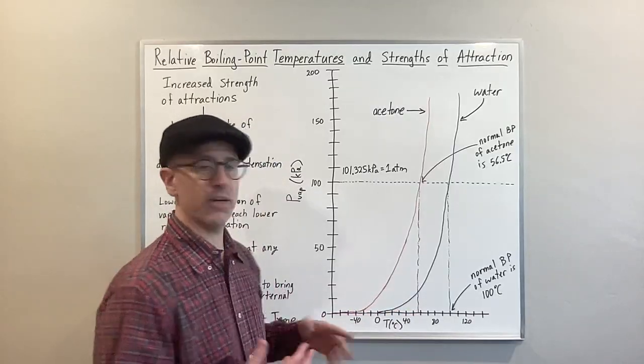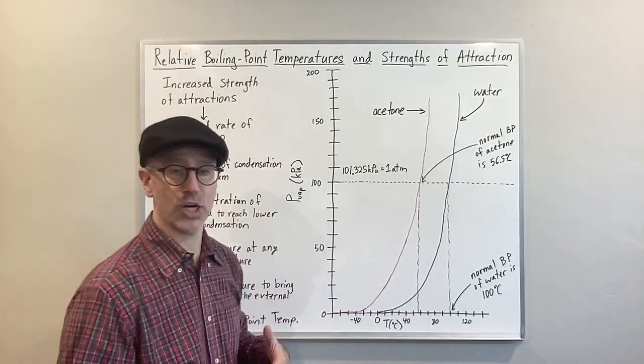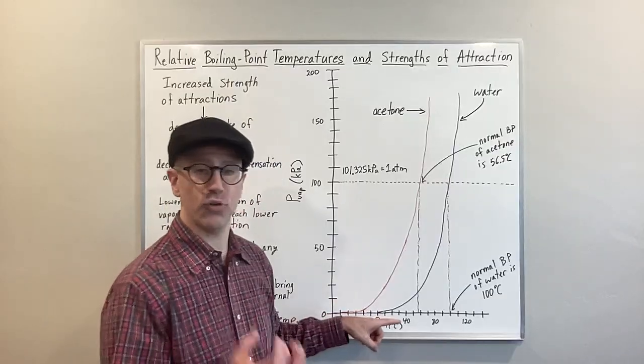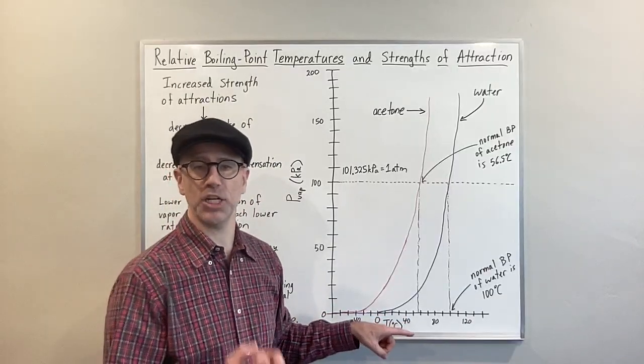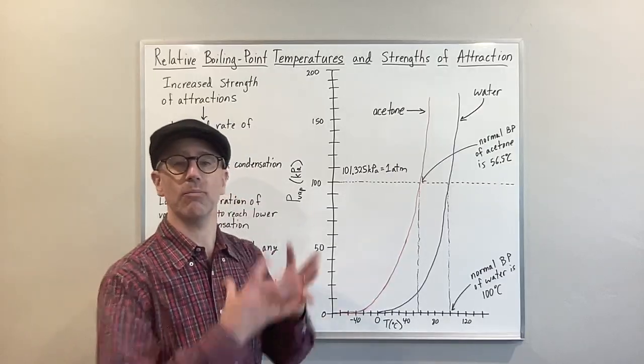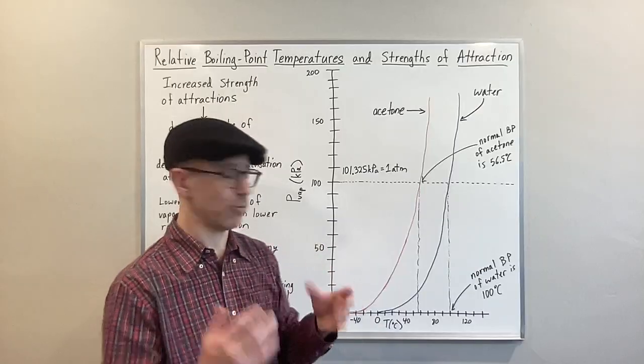And then water, because it has stronger attractive forces, you're going to have to raise that temperature higher to get to the normal boiling point of water, because you have to add more energy to break free from those stronger attractive forces in order to get more water molecules into the vapor phase to increase that vapor pressure.